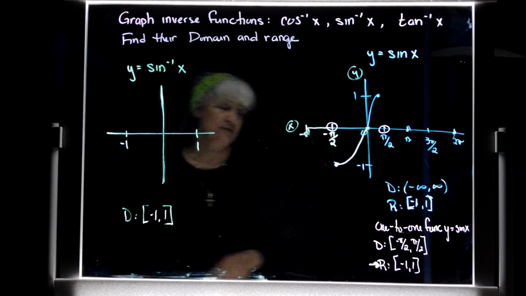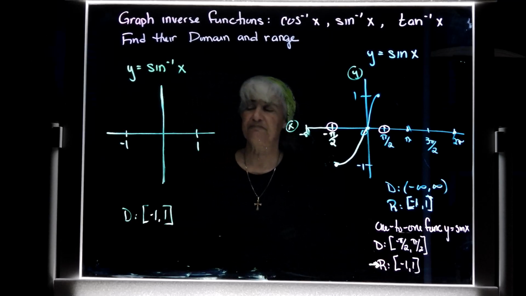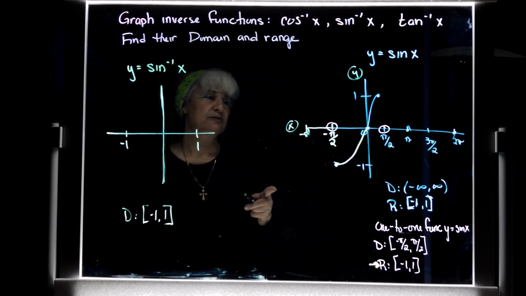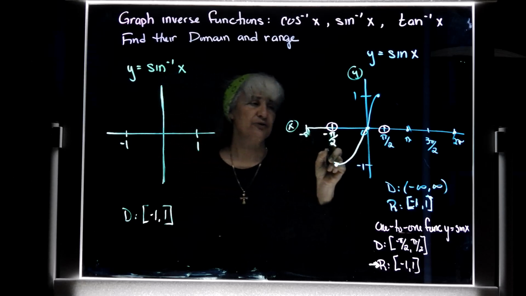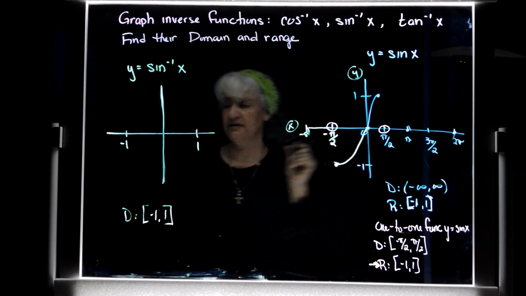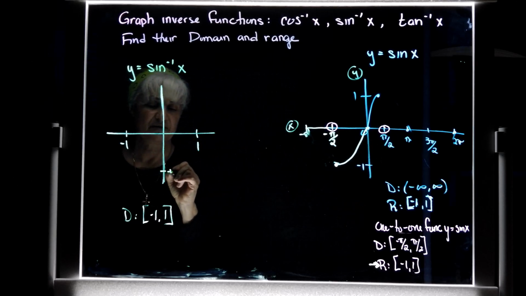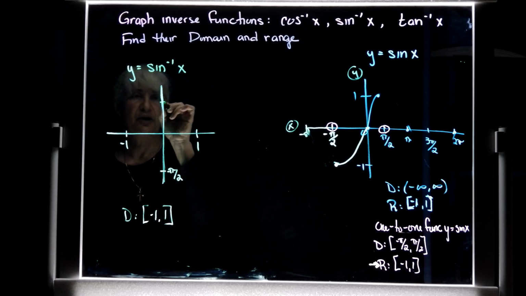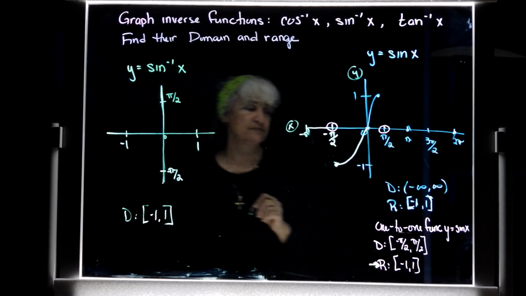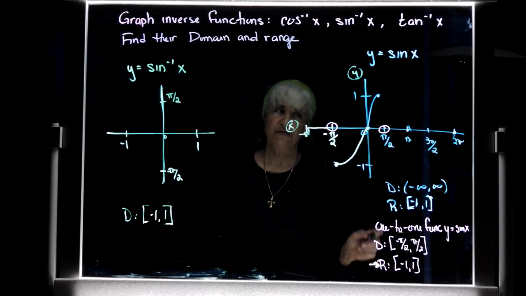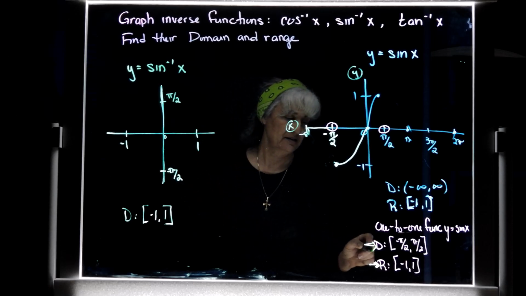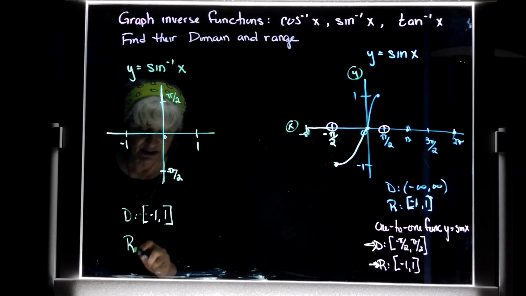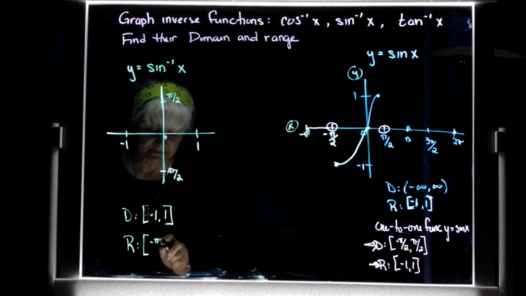If the x's and the y's are switching, the domain and the range are switching. Now, the x's become my y's. And my x's are going from -π/2 to +π/2. So -π/2 to +π/2. And yes, we still have 0 here. Which means if the x's became the y's, the domain has now become the range.